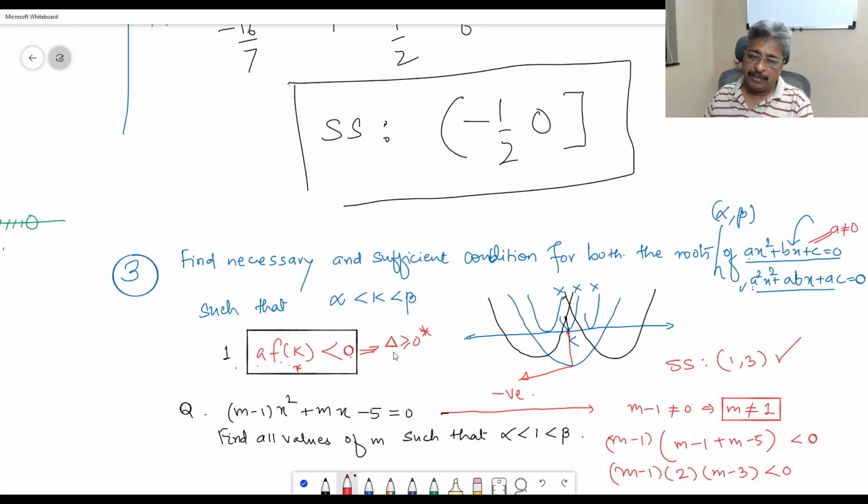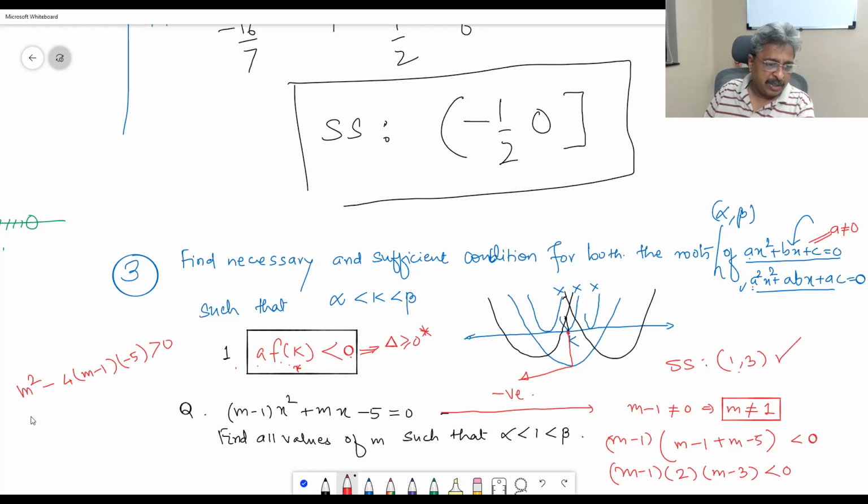This is supportive. If we find out delta is greater than 0, whatever solution set we will get will be part of this solution set. It is going to be, let us check, delta greater than 0: m square minus 4 into m minus 1 into minus 5 should be greater than 0.